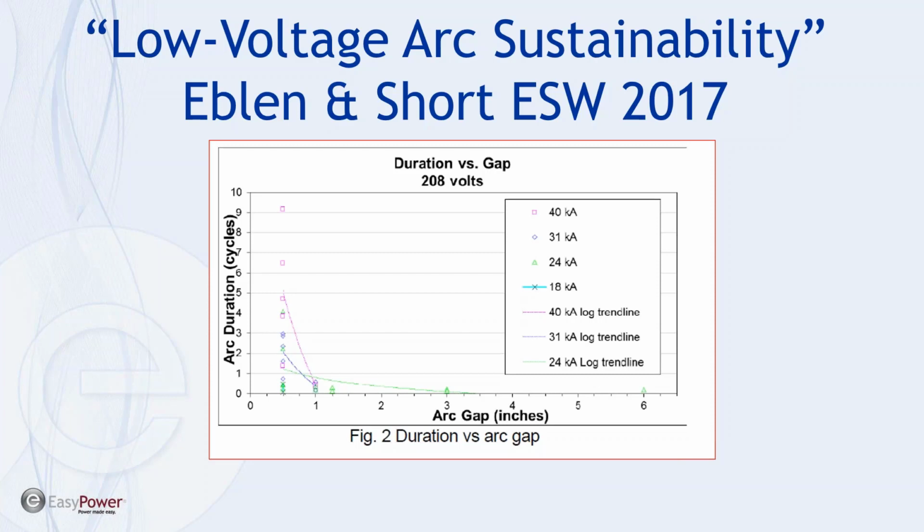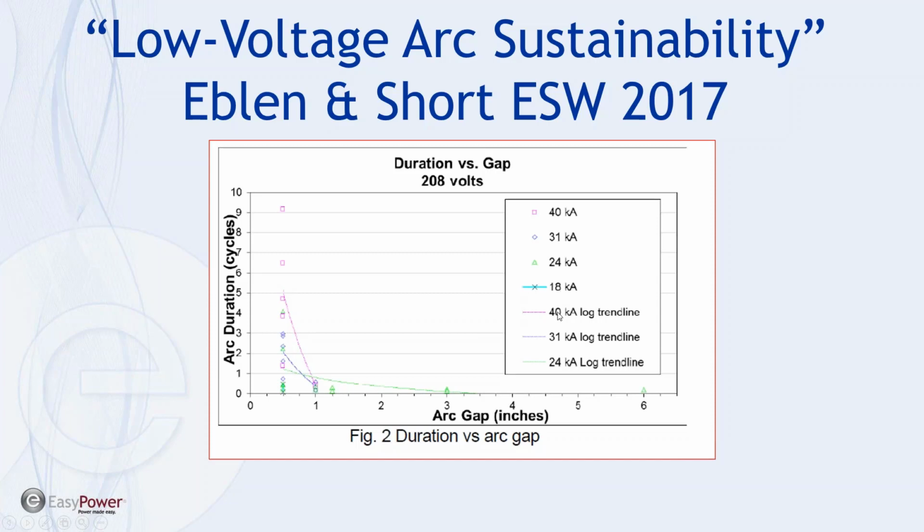But this shows at 208 volts, with a wide variety of available arcing current, that the arc duration in cycles, for, in this case, ½ an inch up to 3 inches, lasted less than 6 cycles, even in a worst case scenario.